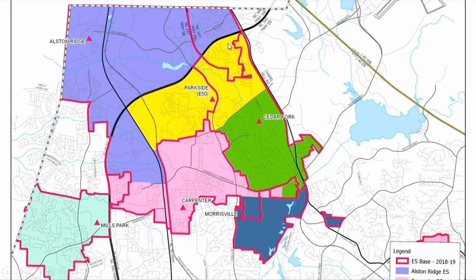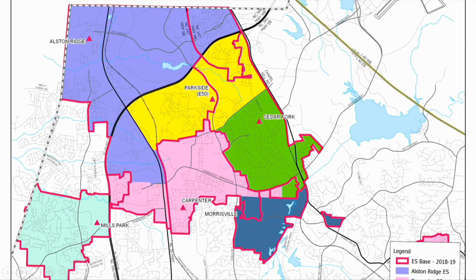This area here was Carpenter Elementary, which is down here. By sending these students to a more proximate school, Alston Ridge and Parkside, that took a large number of students out of Carpenter. And so in order to provide relief to Carpenter by filling those seats back up with proximate students, we chose students from this particular area.